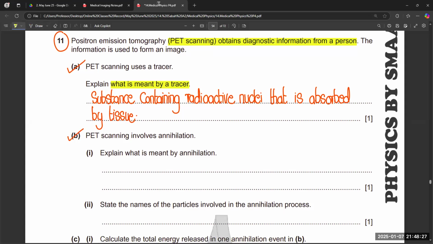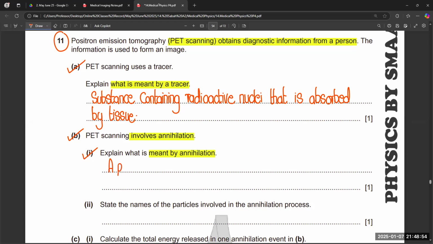And the second part also involves the annihilation process. So what is meant by it? It's when the particle interacts with its antiparticle, and that makes energy. Exactly.